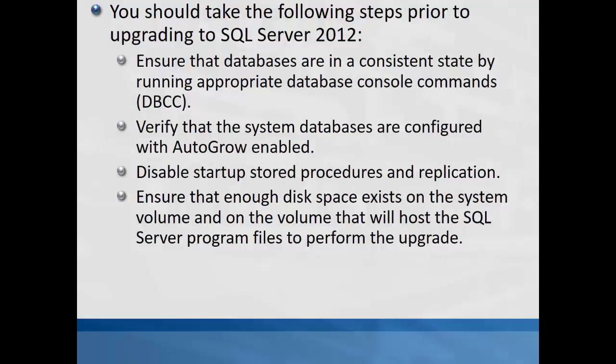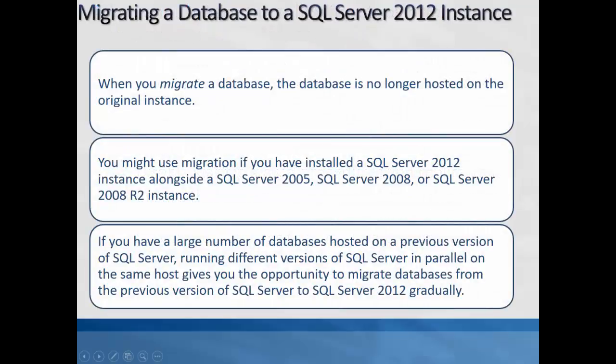So okay, these are some of the considerations. Then migrating. So we were talking about upgrading, now it's migrating. So when you migrate a database, the database is no longer hosted on the original instance. Now you're going instance to instance or hardware to hardware. Normally it is hardware to hardware when we talk about migrate.